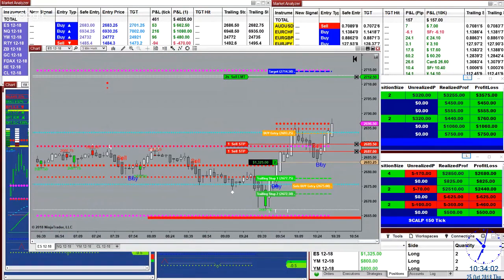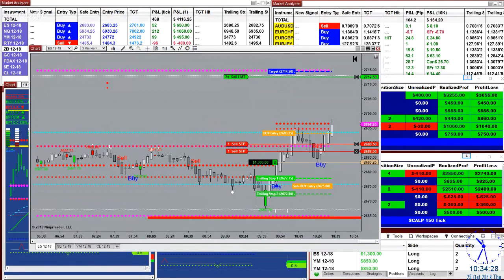So if you are breaking this double resistance and you are using this 1 minute, you don't know where you're going to be located. This is the final destination, 2712. And this time I'm going to reverse this market once we get there. But we will see the ES hitting 2712.